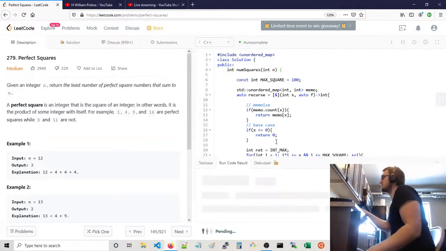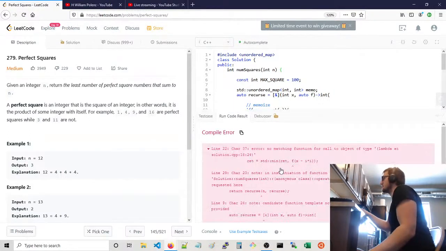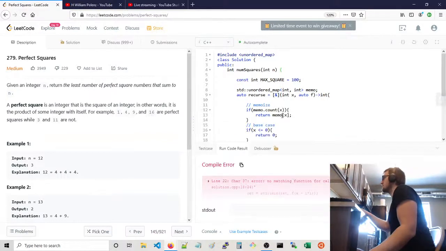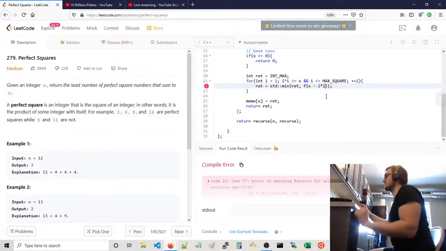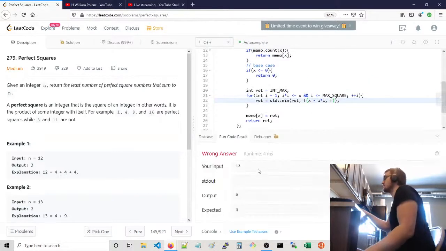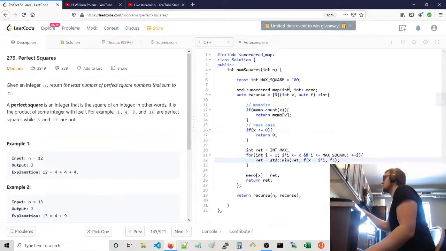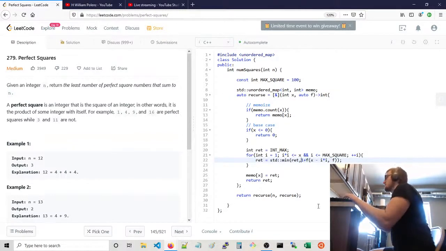I'm not really sure. Oh, I always forget that. Have to give the function to itself so that way it can operate. Oh, and one more thing. 1 plus, 1 plus.